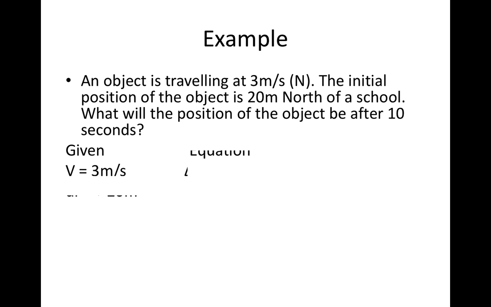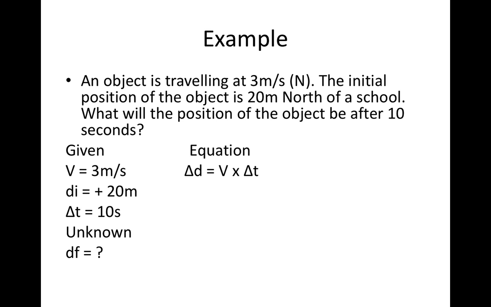So we write out our given information. The velocity is positive 3 meters per second. D initial is positive 20 meters because it's 20 meters north of the school. Delta T equals 10 seconds, and our unknown is D final. The equation we're using is delta D equals V times delta T. So we can solve for delta D first, which equals 30 meters.